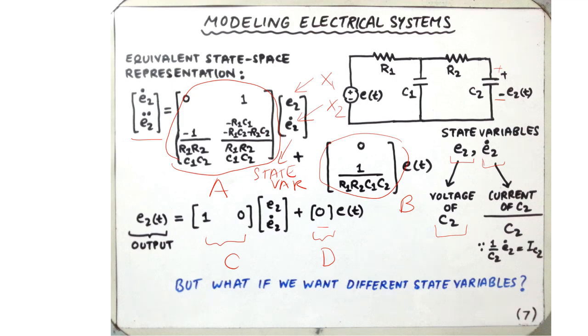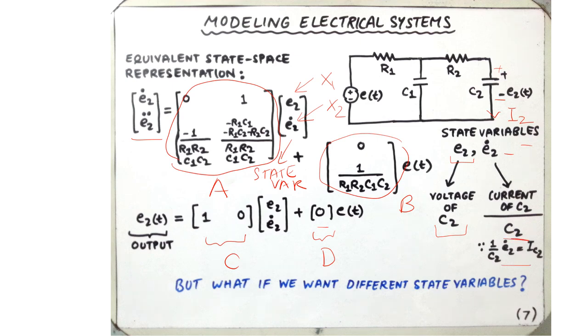So if I multiply this E2 dot with C, that is essentially the current through the capacitor, I2. So the current through the capacitor I2 is C times E2 dot. In other words, I can also say that this E2 dot is the current of capacitor C2 divided by the capacitance.